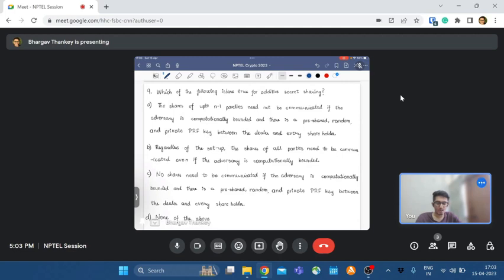Option B is regardless of the setup, the shares of all parties need to be communicated even if the adversary is computationally bounded. Option C is no shares need to be communicated if the adversary is computationally bounded and there is a pre-shared random and private PRF key between the dealer and every shareholder. And option D is none of the above. So would you like to guess which of these is correct?